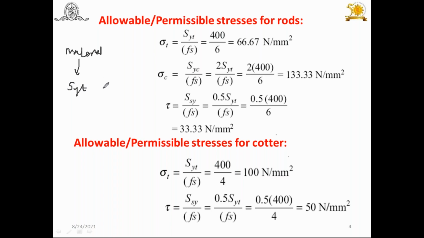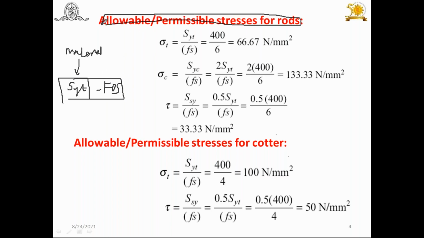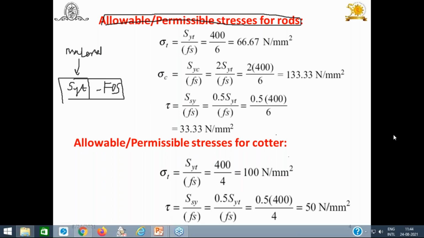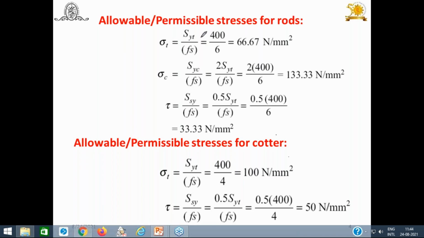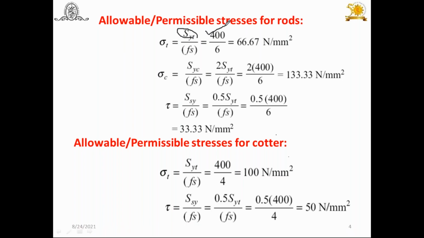If it's brittle, the ultimate tensile strength is the criterion. Here it is ductile plain carbon steel, so you can take SYT, then select the FOS from the data book, and once you know the SYT and FOS, find the allowable or permissible stresses for the rods or for different components in general.